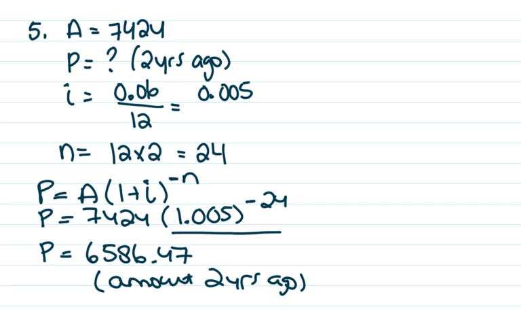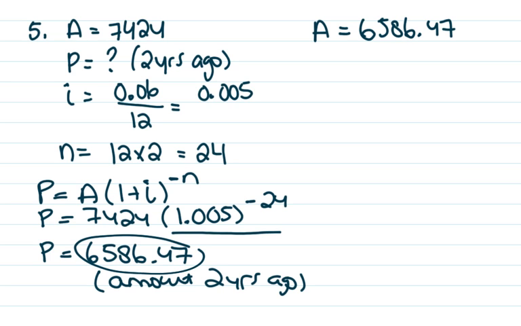Okay? Before that, her interest rate was something different, so we need to calculate that separately. So now we're going to do this again with the amount we just calculated. So the total amount 2 years ago was 6,586.47. The principal, what she invested 4 years before that, we don't know.